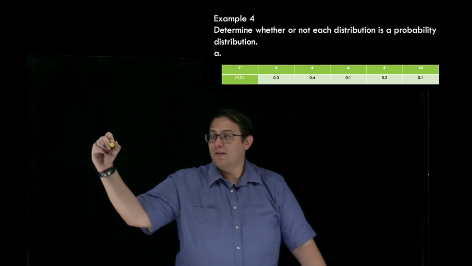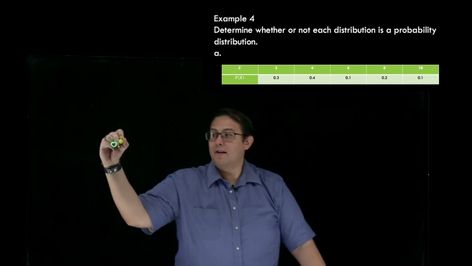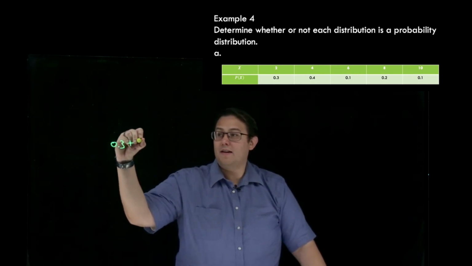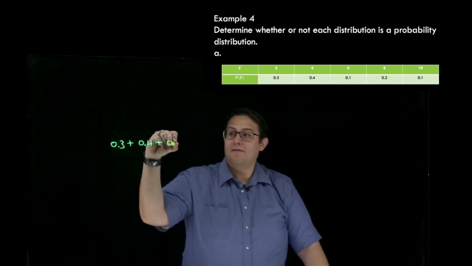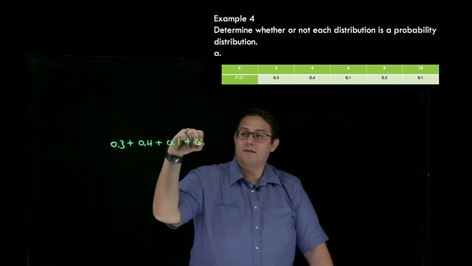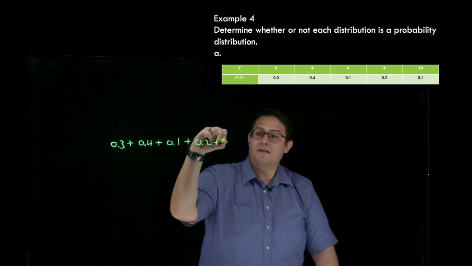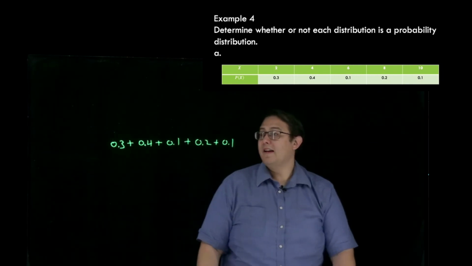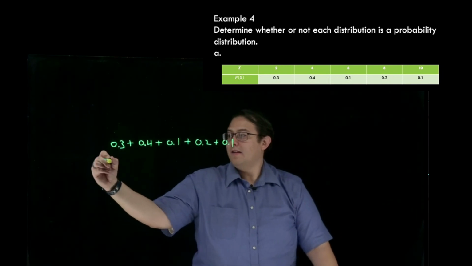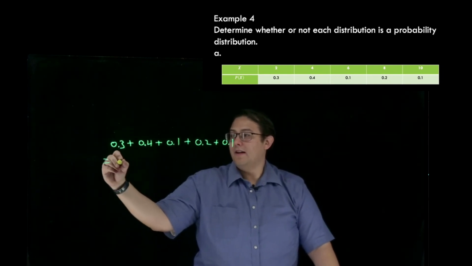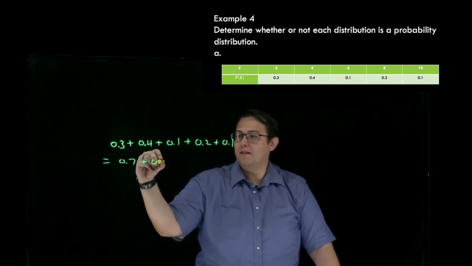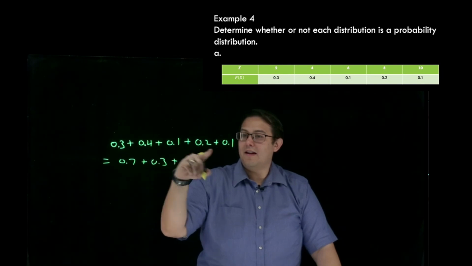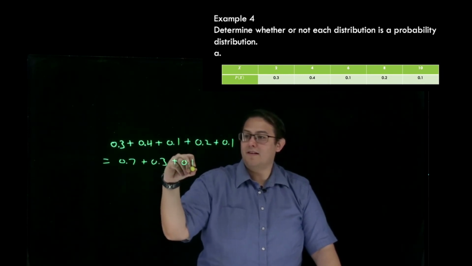So the first one was 0.3, and we have to add the 0.4, and then add the 0.1 plus the 0.2 plus the 0.1. If we add all this, here we get a 0.7, plus, add these two, you get a 0.3, and then we're going to add a 0.1.